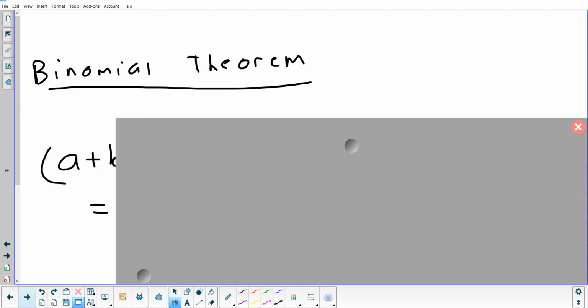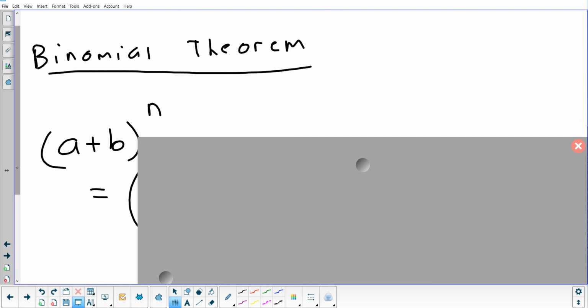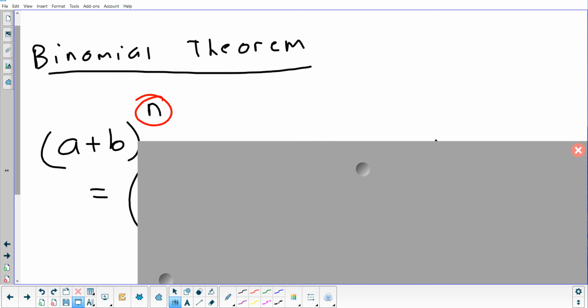So here is your binomial theorem, written out now using the n choose r notation. So remember, you start with, well, what does this n tell you? N tells you the what in Pascal's triangle? The row. So remember, row is on top, column is on the bottom.